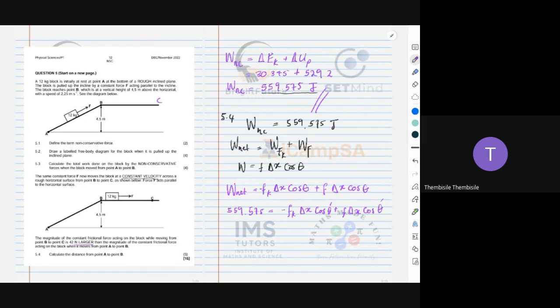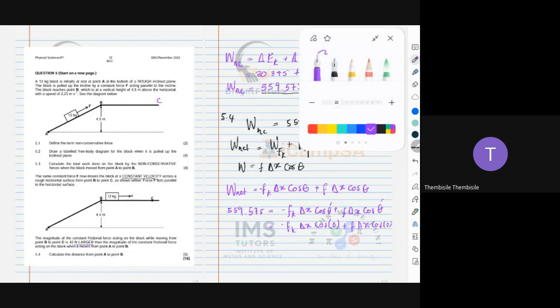Since here we've already put negative, then we're gonna put 0. Even this side we're gonna put 0. But if we had not put this negative, then for this Fk, we're gonna put 180 degrees, which will turn this thing into negative, right? So let's go and say Fk cos 0 plus F displacement cos 0 again.